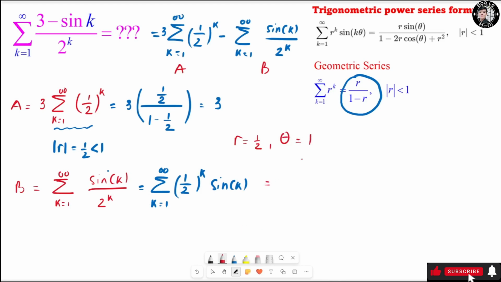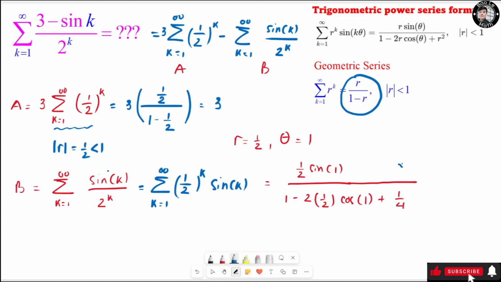So we're going to substitute into this formula. It's going to be (1/2) sine of 1 over 1 minus 2 times (1/2) cosine of 1 plus 1/4.